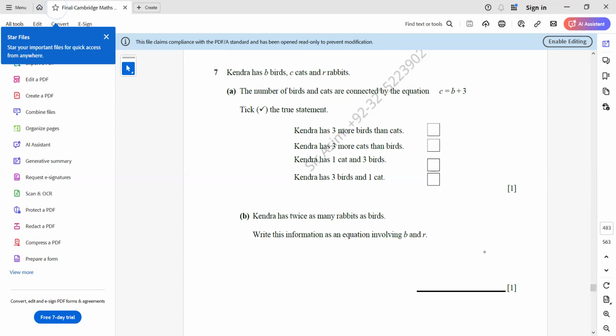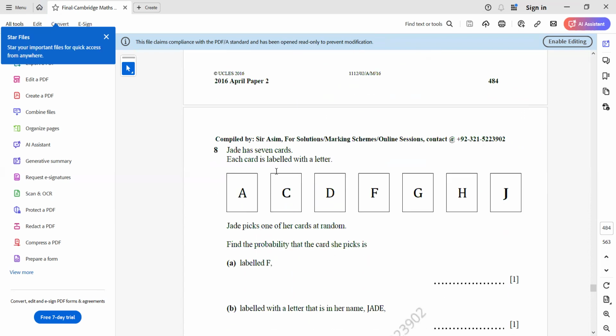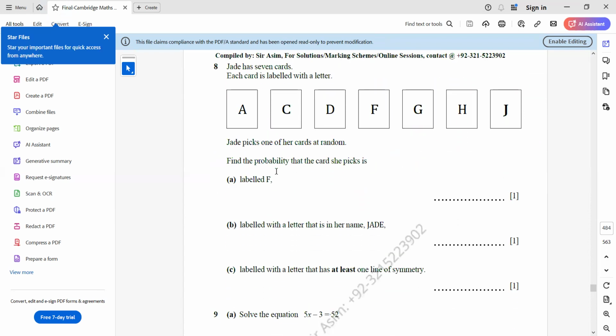It is now question number 8. Jade has 7 cards. Each card is labeled with a letter: A, C, D, F, G, H, J. Jade picks one of her cards at random.